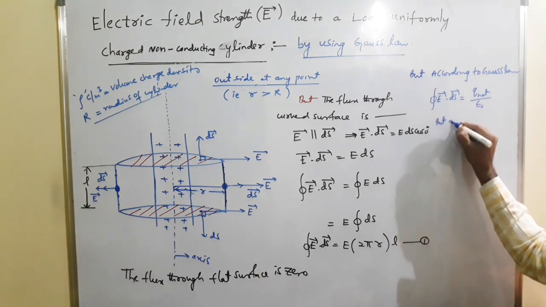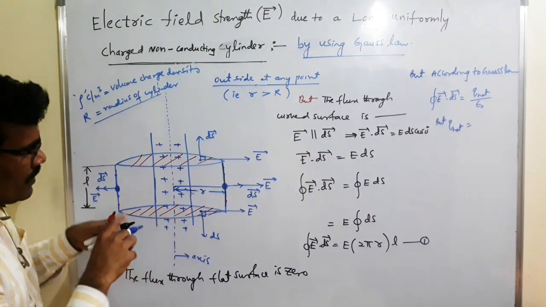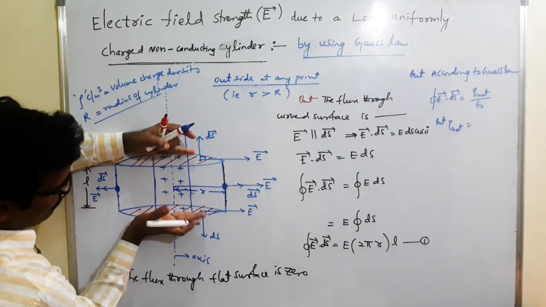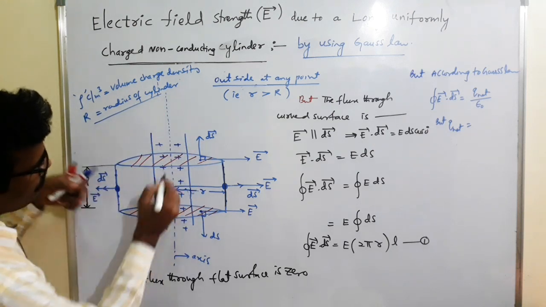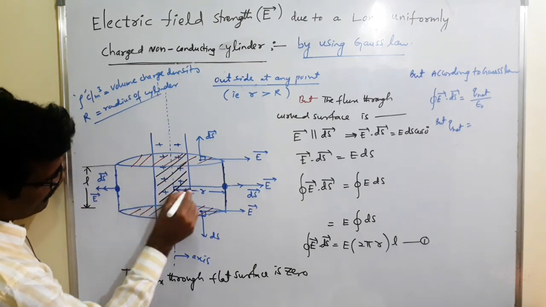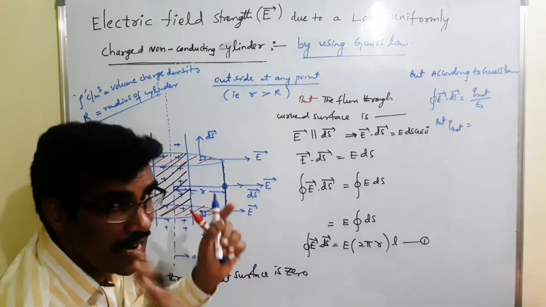Here Q net is the charge on this entire surface, and the charge inside is also there.